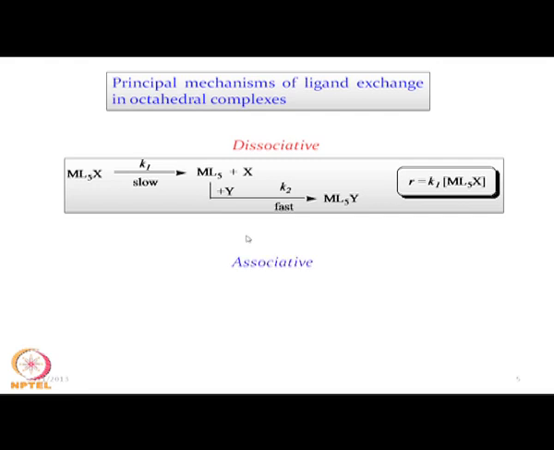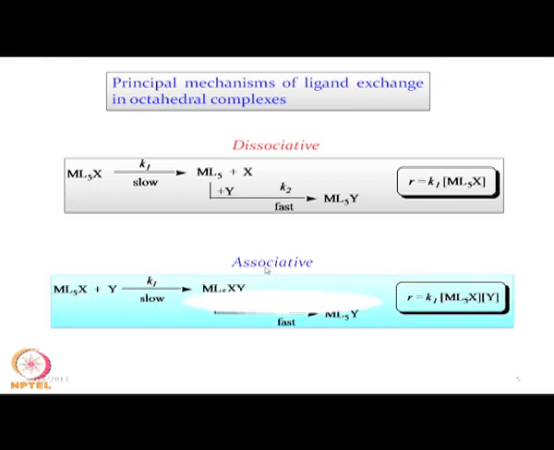In the other case, which is associative in nature, the incoming ligand can go and attach to the metal center, forming the ML5XY. In this particular case, this is the slow step, whereas in the dissociative case the dissociation is the slowest step, and the slowest step is the rate determining step.